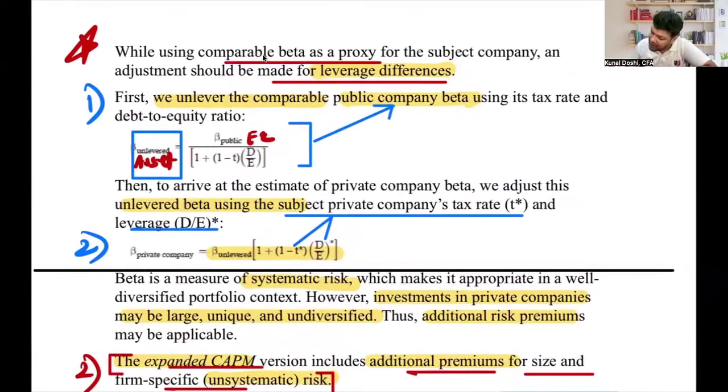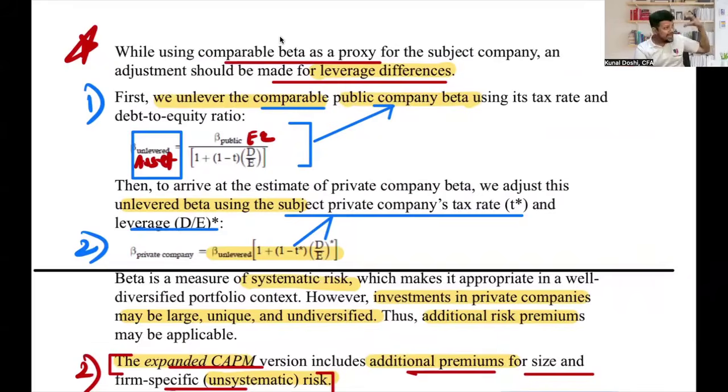But when I say lever and unlever, we are going to use the asset beta, that is, the unlevered beta of the proxy company which is listed. Let's say, as I gave you the example in class, I'm going to value a company called ADNOC, an oil and gas company in Abu Dhabi. It's not listed. So if I want to value it, I will use a proxy company, Saudi Aramco, which is listed.